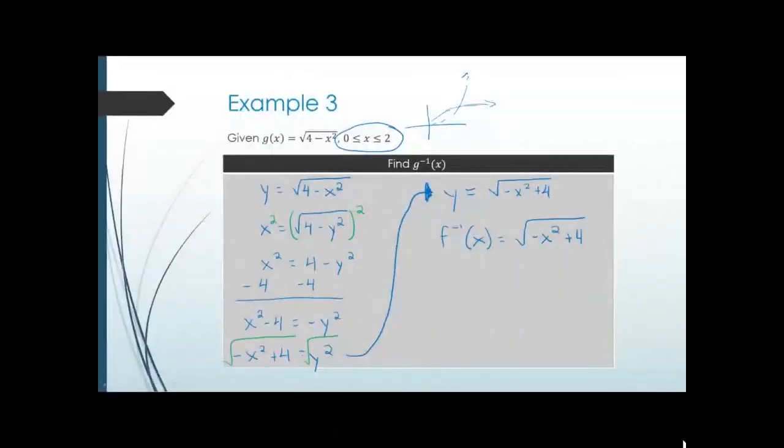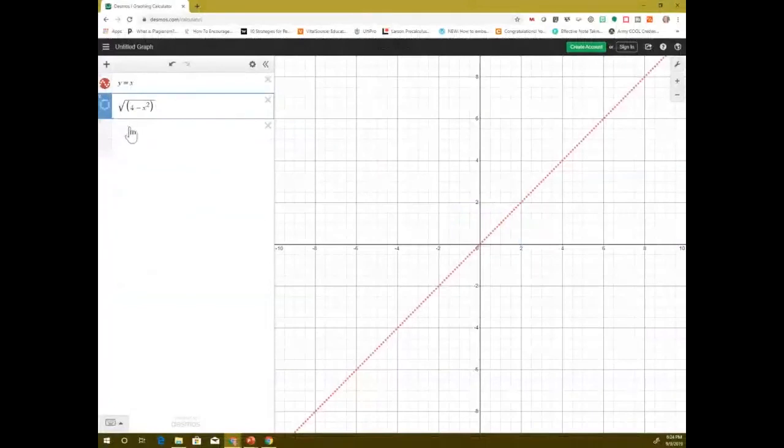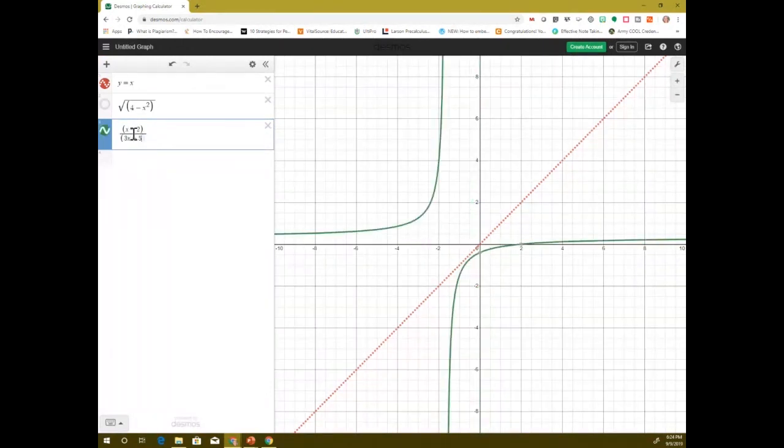Now let me take a look at our example 2 and graph that one, just so you can have an idea. So I've got x minus 2 over 3x plus 5. Okay, so you can see it roughly matches the picture that I drew. And if I want to reflect over that line, it's not a mirror image right now. So we are making a mirror image.